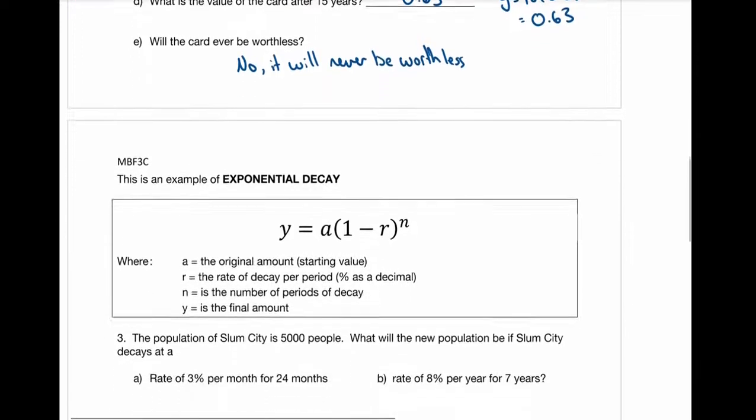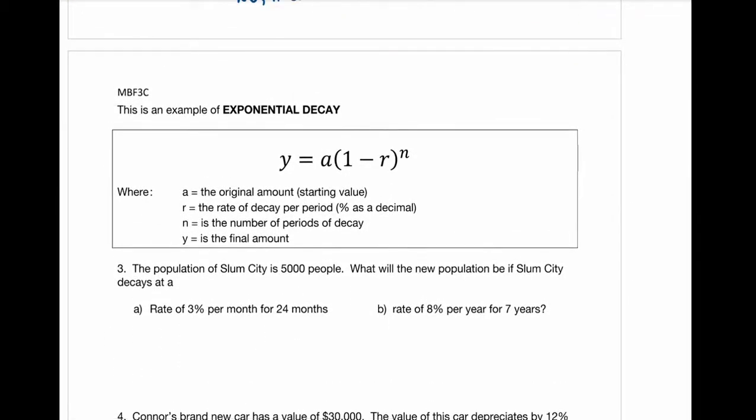So this is an example of exponential decay. It's the opposite of exponential growth, and we can kind of see that in the equation. The equation for any exponential decay is y equals a times 1 minus r to the power of n. A is still that original amount, or the starting value.